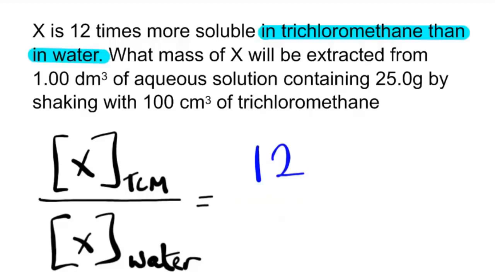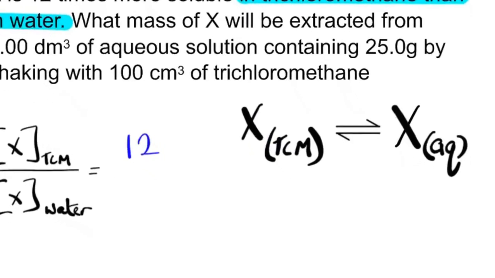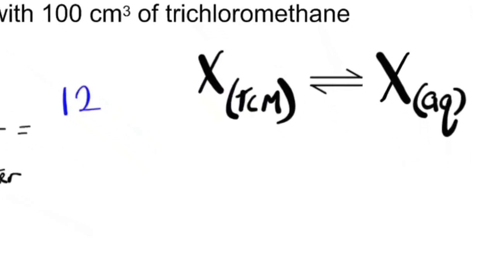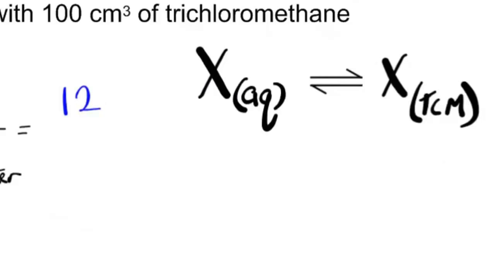Now let's return to the important principle, in fact, that this is another equilibrium situation. We should represent what's going on here by expressing it as an equilibrium equation. It is, of course, a physical rather than a chemical equilibrium, but we can apply exactly the same equilibrium rules.